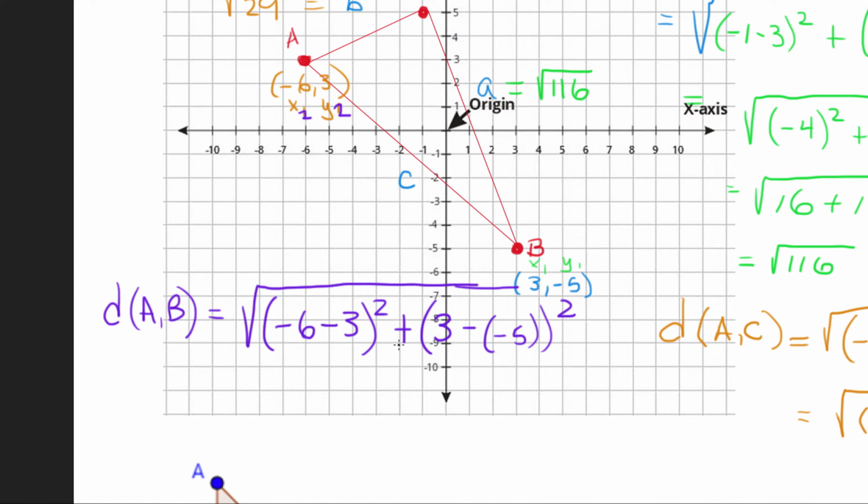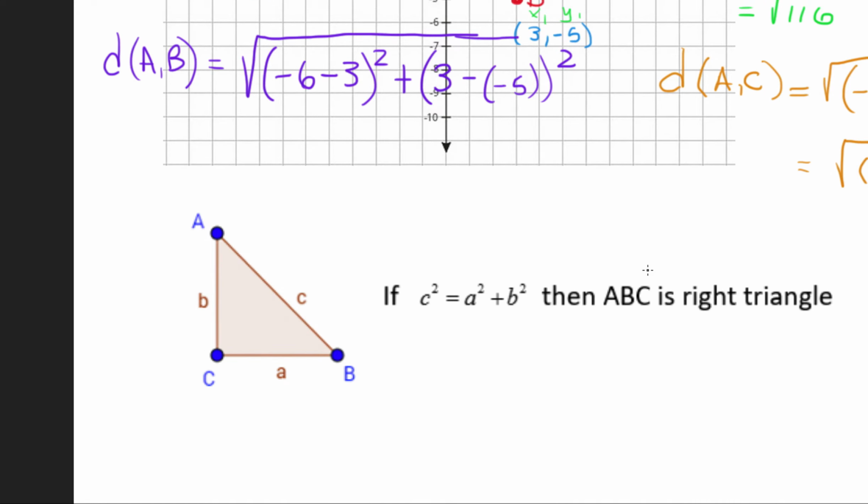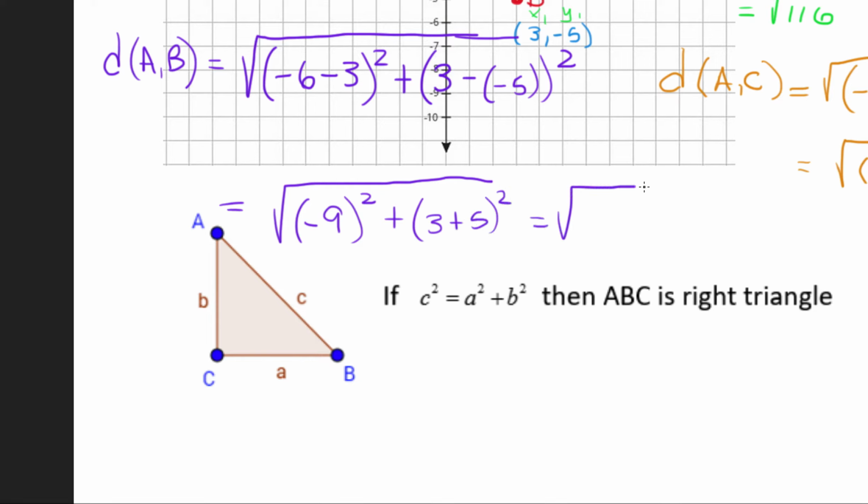Okay? Now I know I'm writing it on top of other stuff, so it can look weird. Just brace yourself. Negative 6 minus 3 is negative 9 squared. We do the keep flip change, so 3 plus 5 squared. Negative 9 squared, remember, is negative 9 times negative 9. That's positive 81.